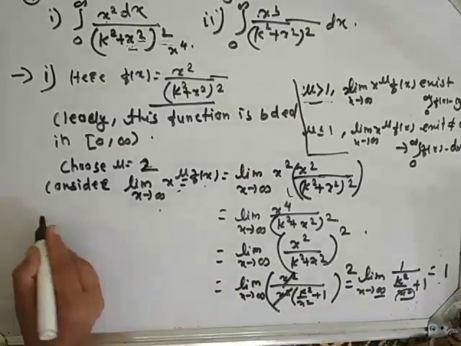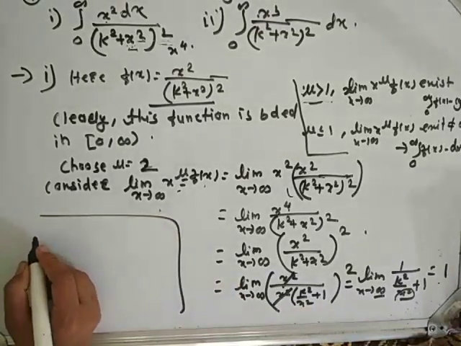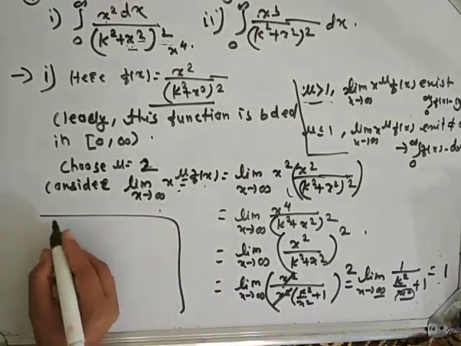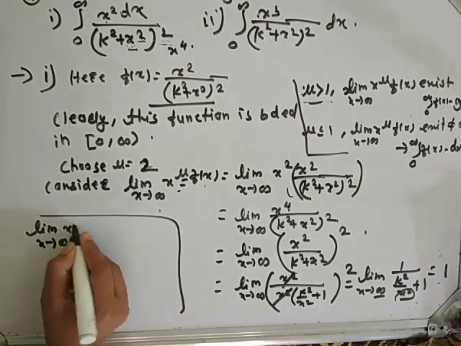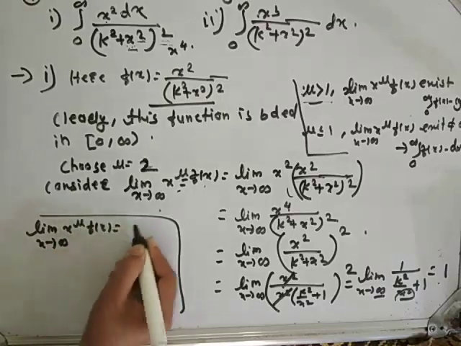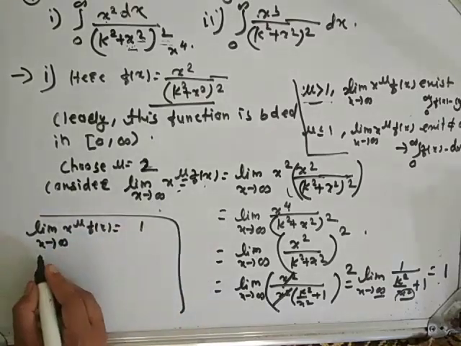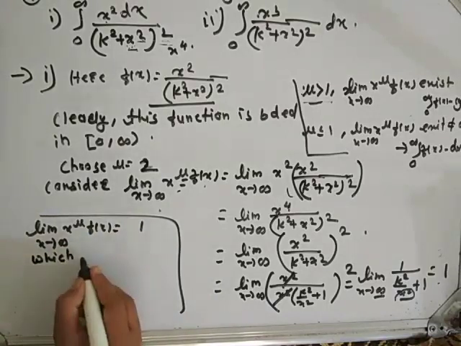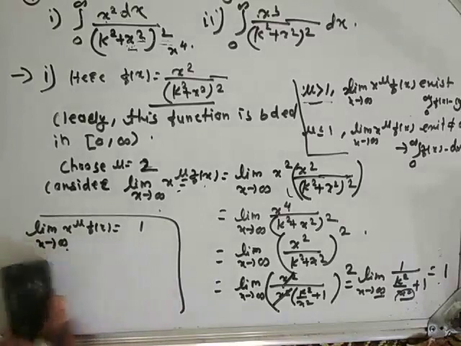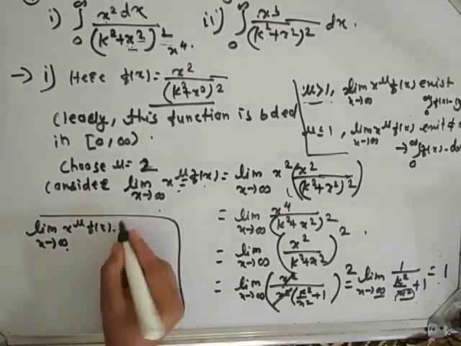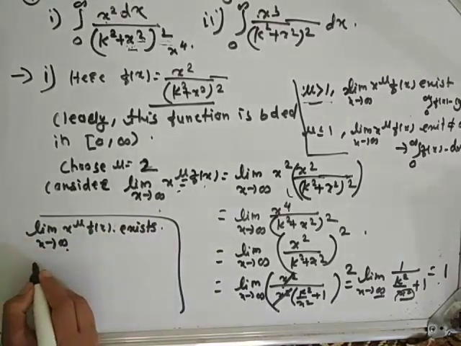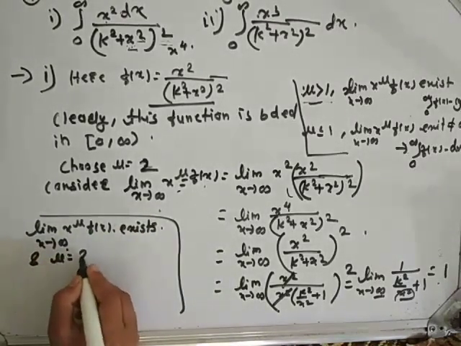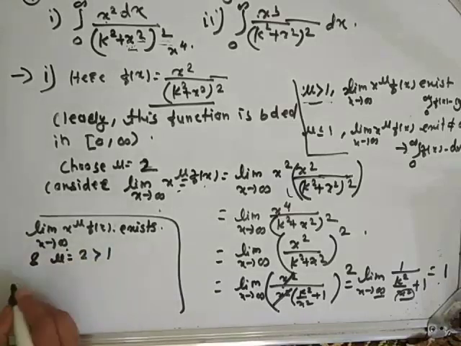So here we can say that limit x tends to infinity, x raised to mu f of x is equal to 1, which is finite, or we can say that it exists, and mu is equal to 2, which is greater than 1.